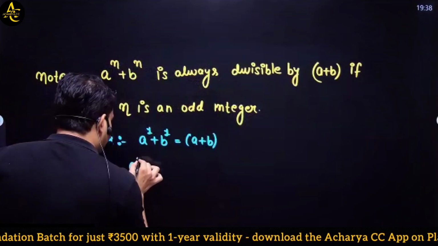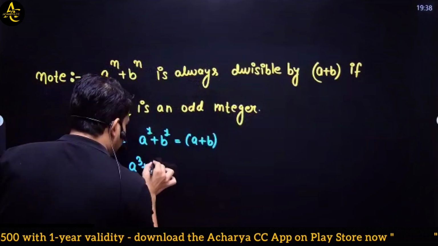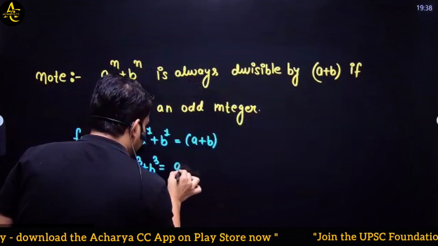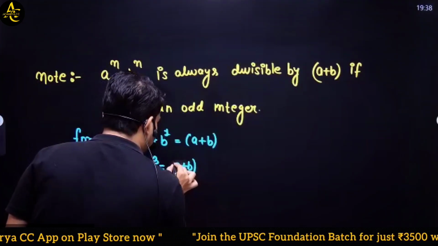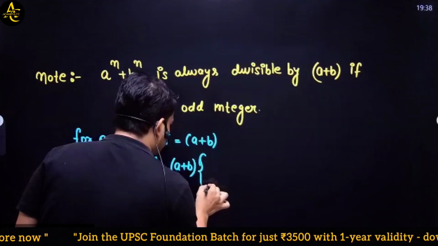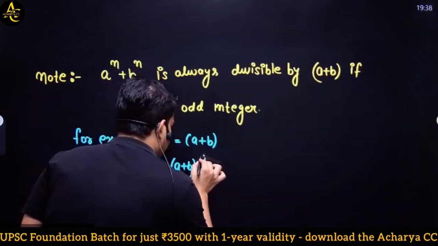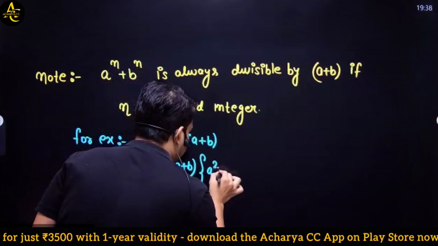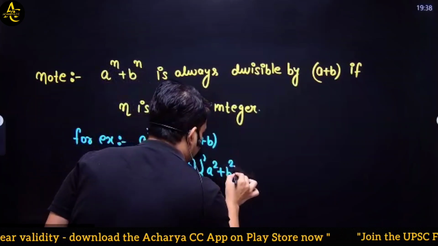a cube plus b cube is nothing but a plus b into a square plus b square minus ab.